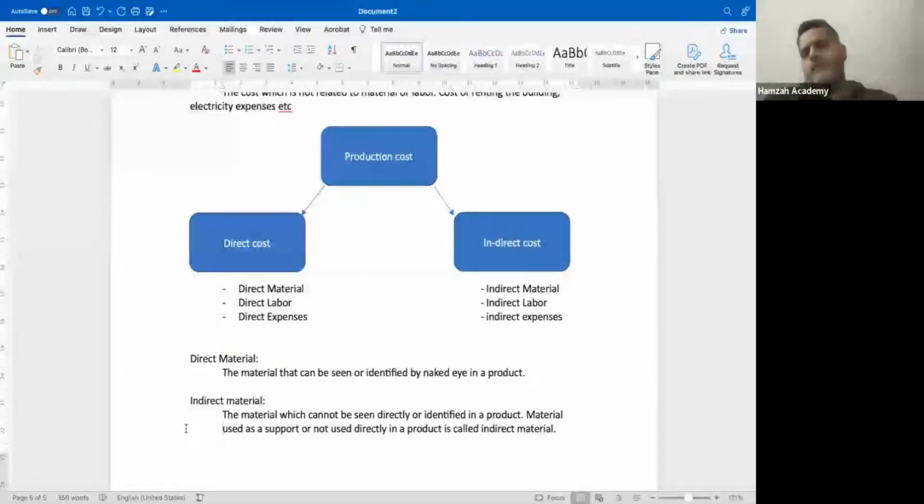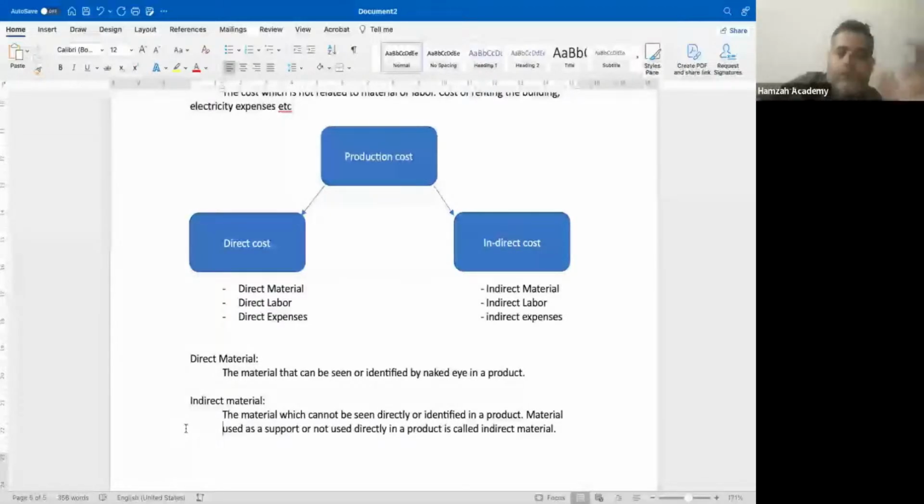You can see the cloth. Under the cloth, you can easily see and feel the foam. Similarly, the iron frame or iron stand, and then the wheels are there, right? These are the things you can easily see with your naked eye, so you are going to call them direct material.